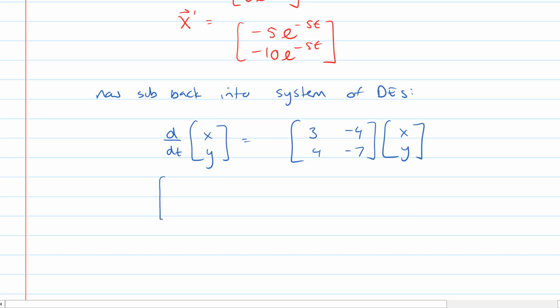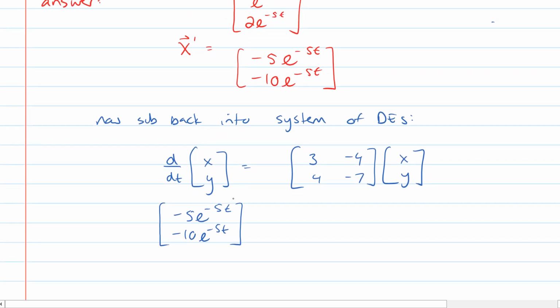But we found that the derivative was negative 5e to the negative 5t and negative 10e to the negative 5t, just right here.